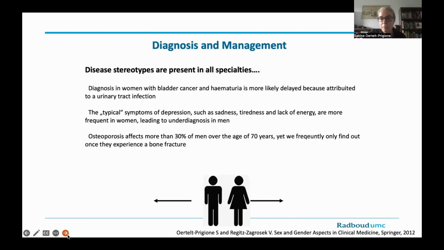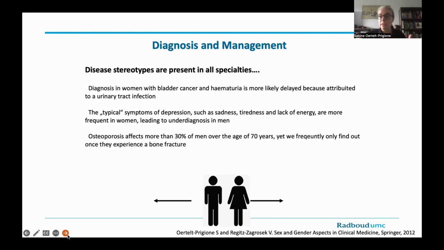It's not just about the symptoms. Of course, this affects also diagnosis and management. And there are all kinds of differences that have been described in the literature. So for example, the diagnosis of women with bladder cancer has been described, and this is improving now because there's more awareness, but in the past, a lot of times women with bladder cancer have experienced delays in diagnosis because one assumed that they had in fact a urinary tract infection.